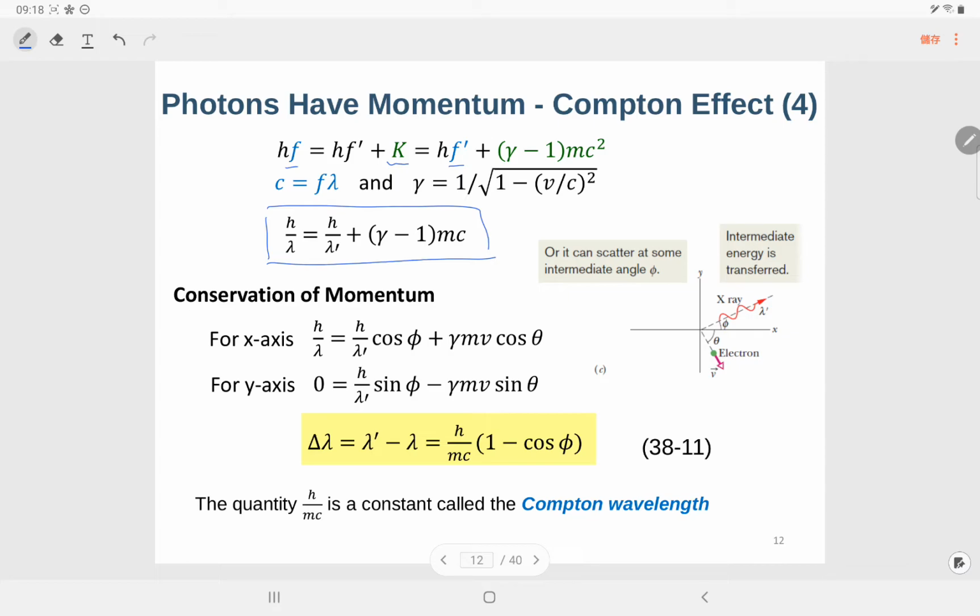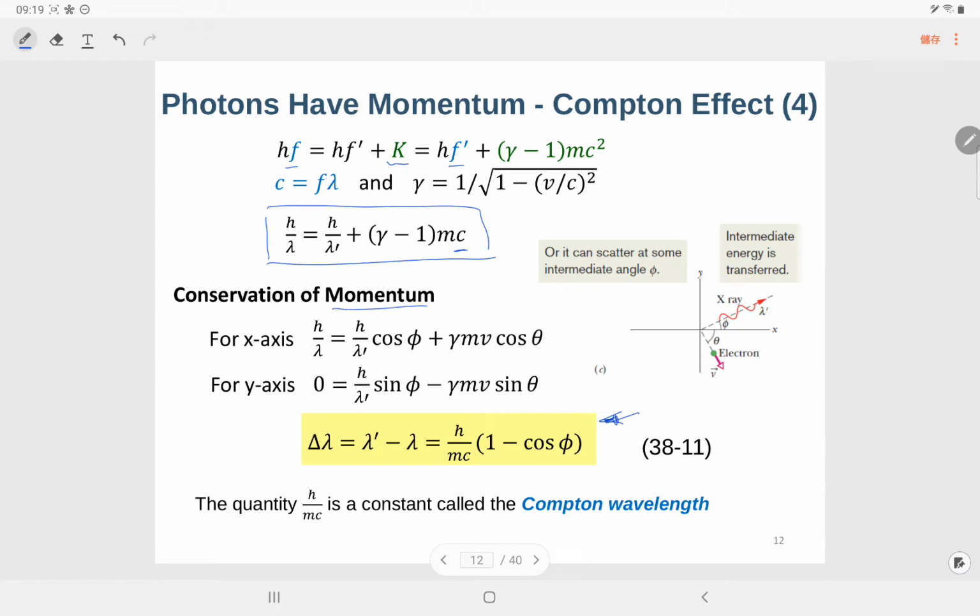So all the c can be cancelled, so we have only one c here. Although actually, I don't think we need this one to really calculate this equation. This is the final conclusion.